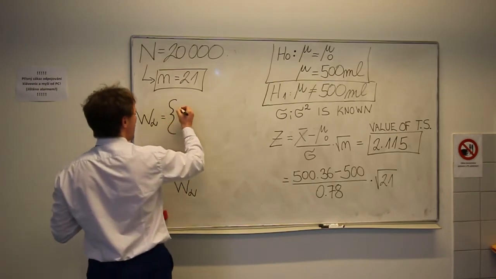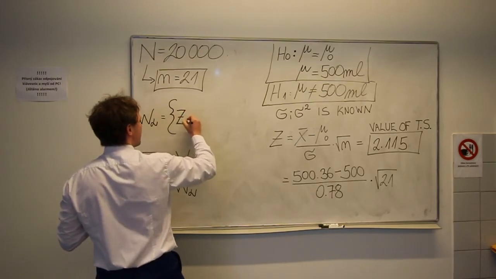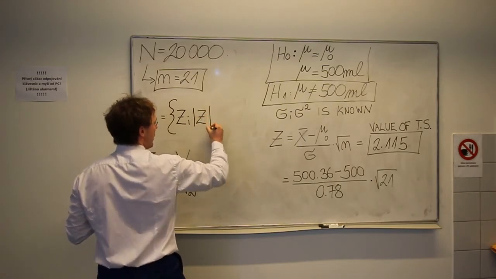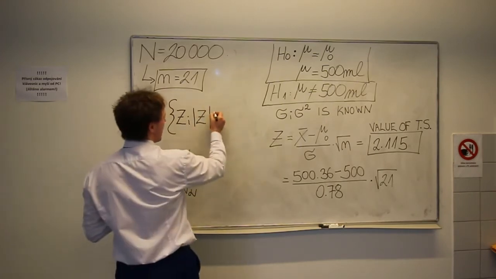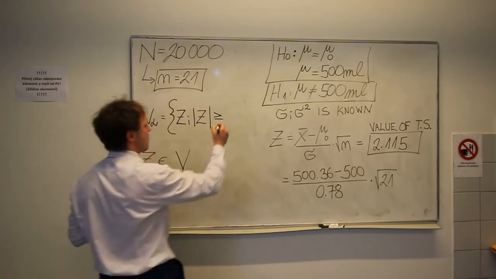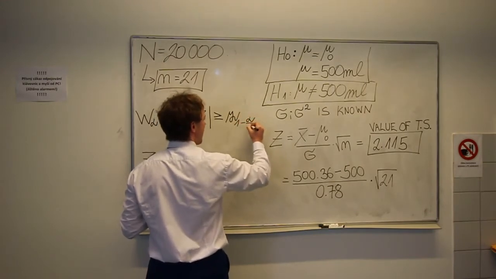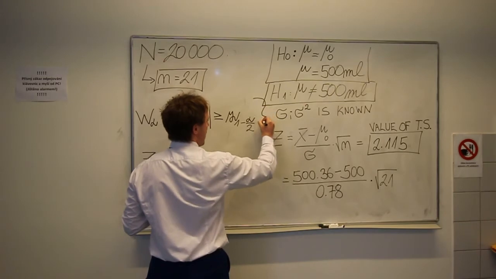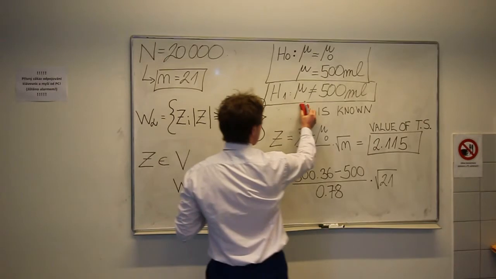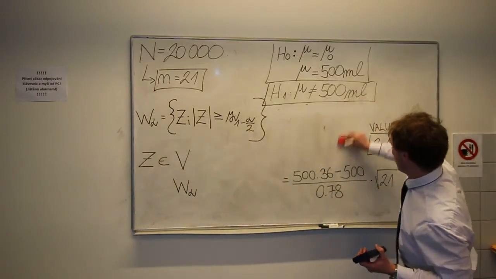For the Z statistic, it is valid that if the absolute value of your Z test statistic is higher or equal to the critical value from the tables, Z 1 minus alpha divided by 2, we enter the rejection region, and the zero hypothesis will be rejected.